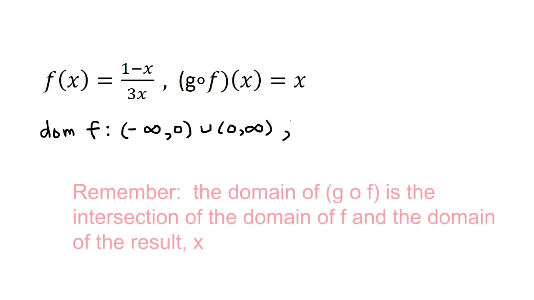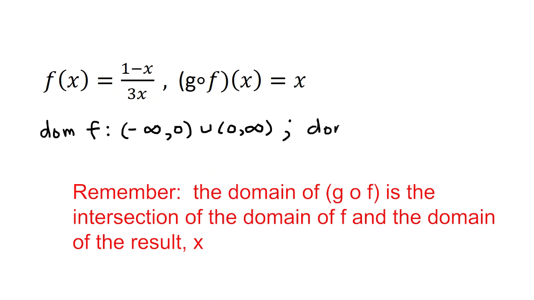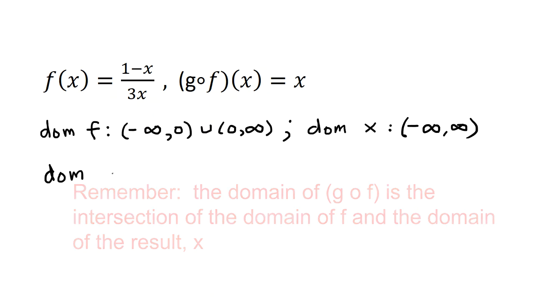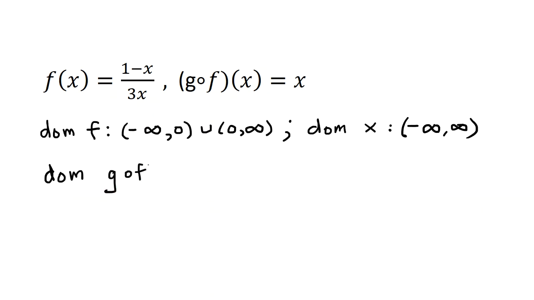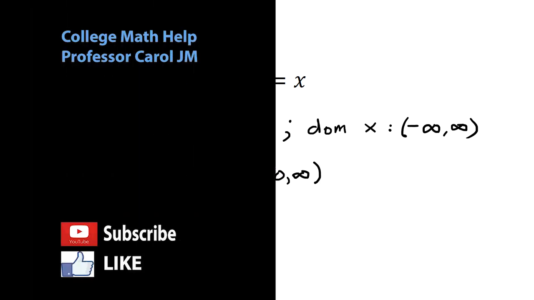The domain of just x is all real numbers. When I take the intersection of all real numbers with the domain of f, that's how I find the domain of g composed with f. And that is simply the same as the domain of f. Remember, that's what you're finding here: the intersection of the result with the domain of what you're feeding in.